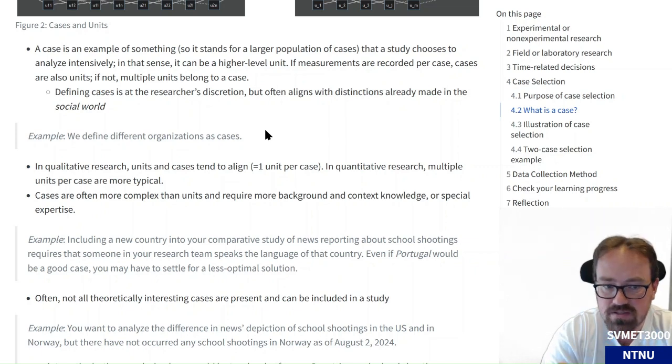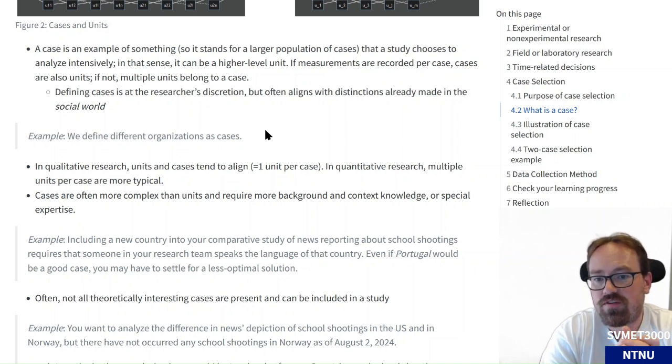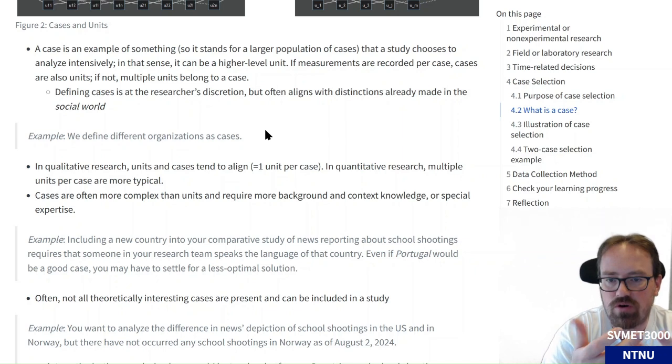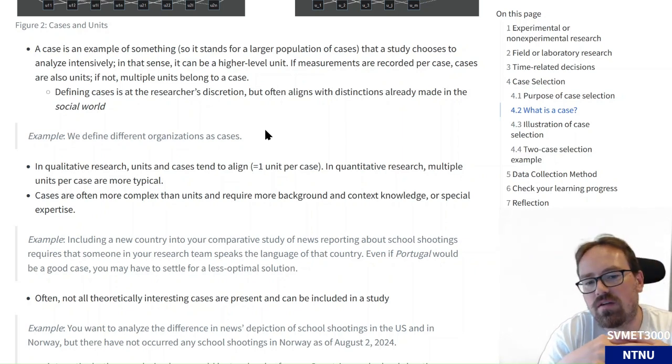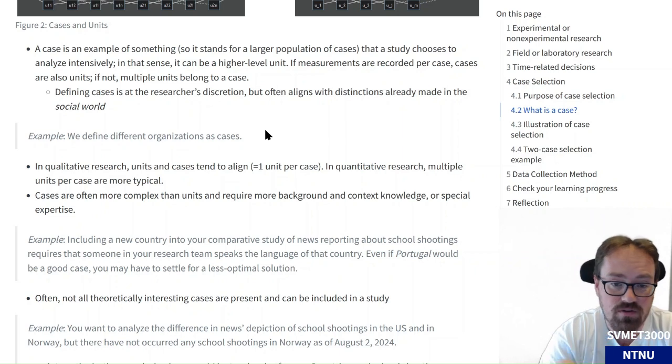And also cases, just like units, are defined at the researcher's discretion, which often aligns with a natural border. So distinctions already made in the social world by someone else. Somebody has founded an organization. Somebody else has founded another organization. They are listed in some Wikipedia article about this type of organizations.